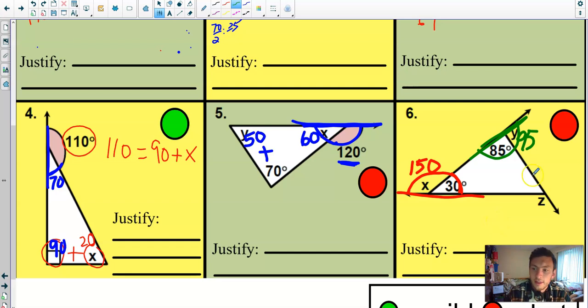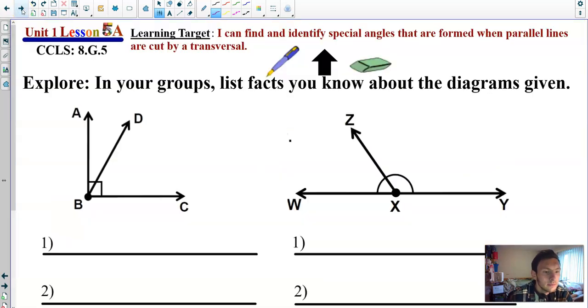Either I could figure out this missing angle first, because there's 3 angles of a triangle and they add up to 180, or I can use the exterior angle theorem, and I know that z, which is an exterior angle, adds up to the 2 interior angles that are not next to it. So 85 plus 30 is 115.